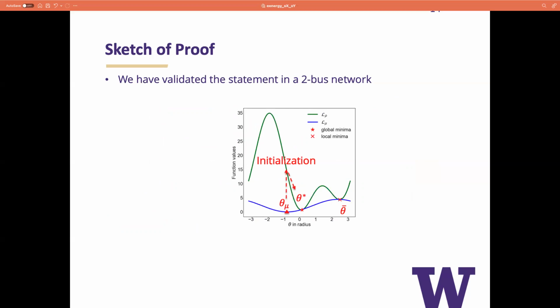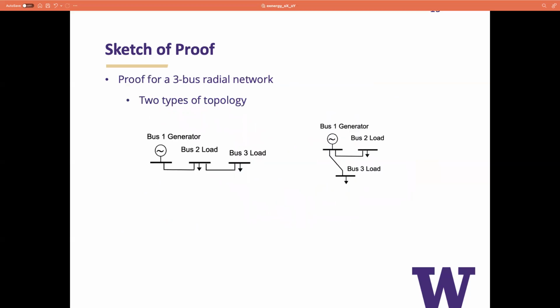As a first step of the induction, we have shown that the statement is true in a 2-bus network. So let's look at the 3-bus radial network now. There are 2 types of topology for a 3-bus radial network. It's not very hard to see the second topology is equivalent to 2-bus networks. So I'm going to show the proof just for the first type.